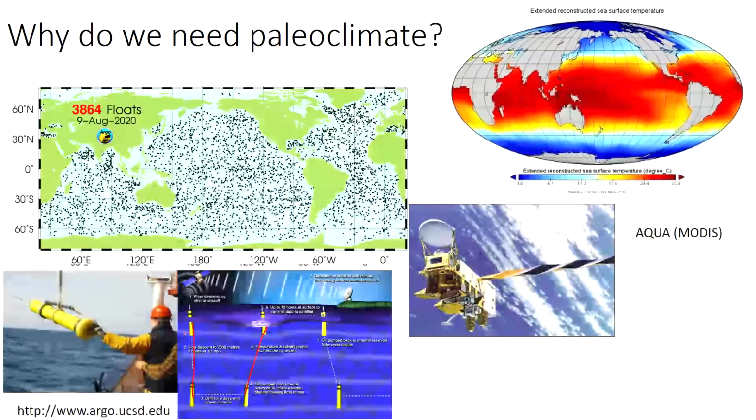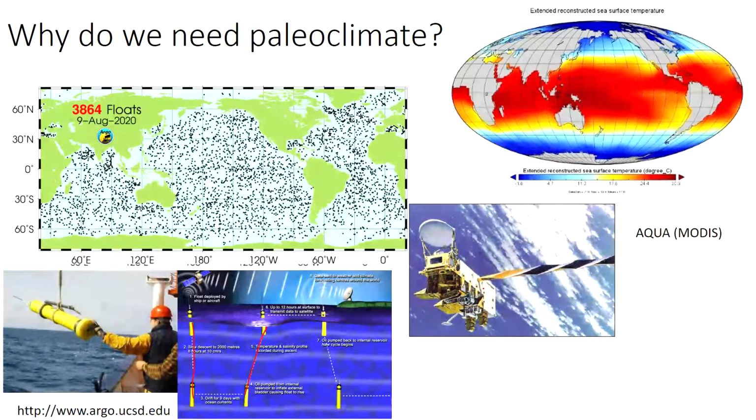Some of them also have optical sensors on them, measuring the light penetration into the ocean. So this gives us a huge amount of information about the depth profiles of physical properties, temperature, salinity. Because they drift around, they also tell us about ocean currents.